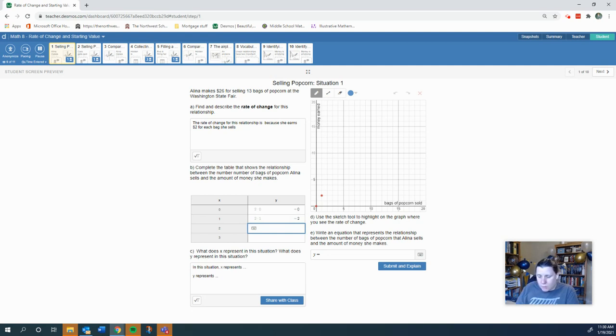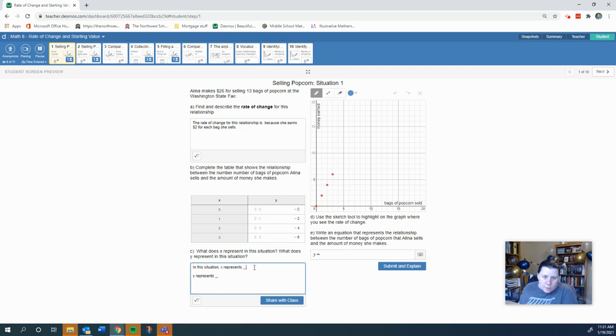She earns $2. $2 per bag, she sells 2 bags. She gets $4. $2 per bag, she sells 3 bags. That is $6. You probably just put in the 0, 2, 4, 6, but you probably did this similar reasoning to figure that out.